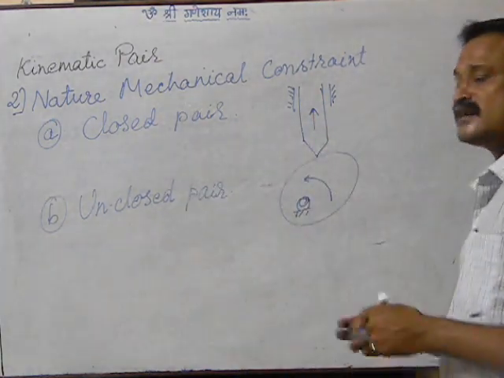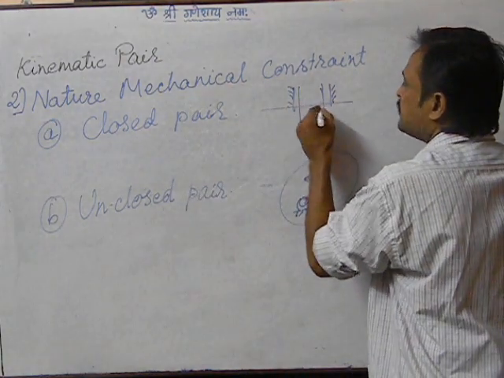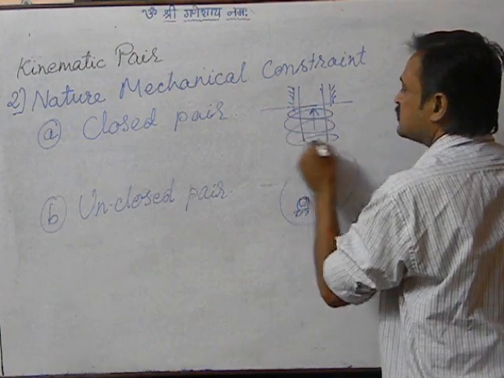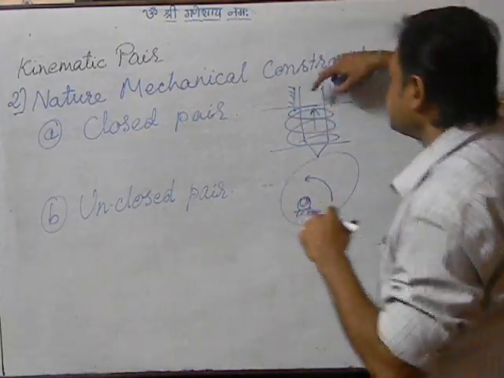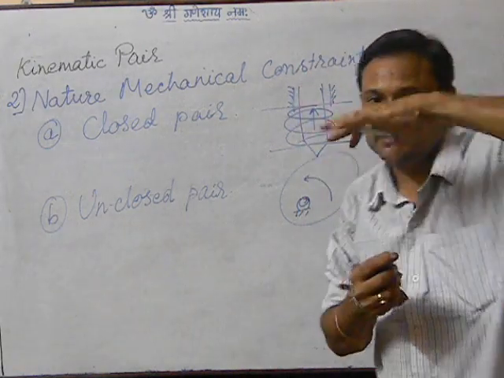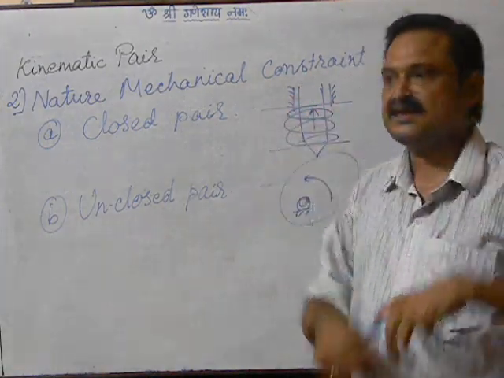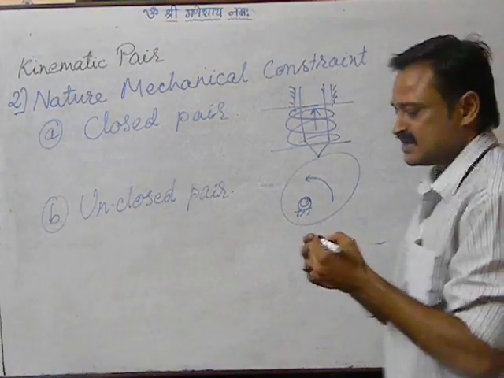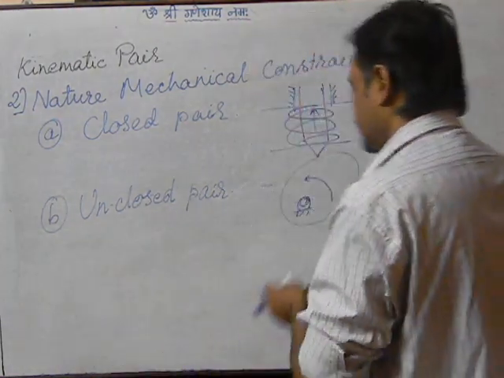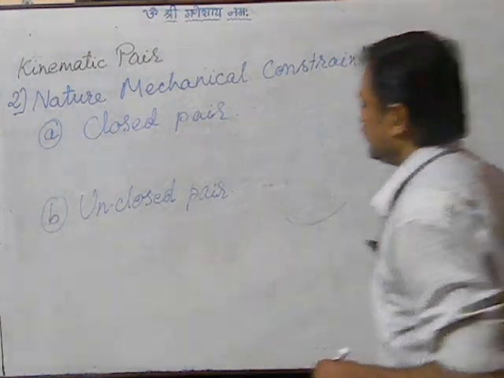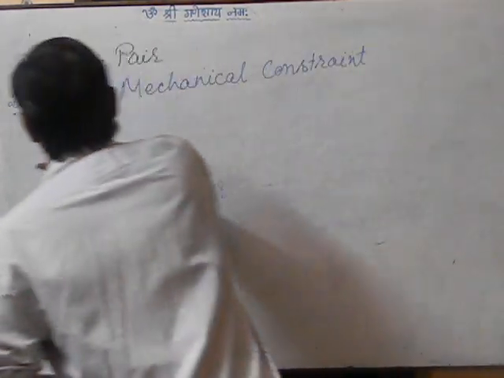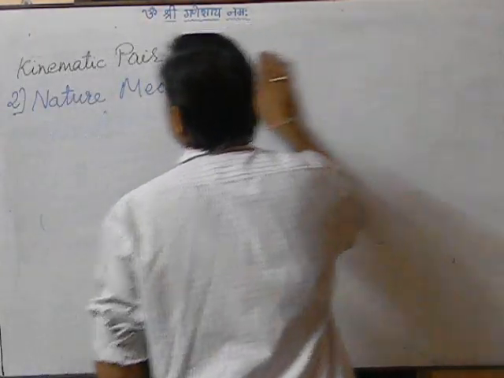I can make it a closed pair if I provide a spring. So I press the follower onto the cam every time, so I am providing a mechanical force to it. In that case, it will get into the category of closed pair. That is how a closed pair and unclosed pair are classified.